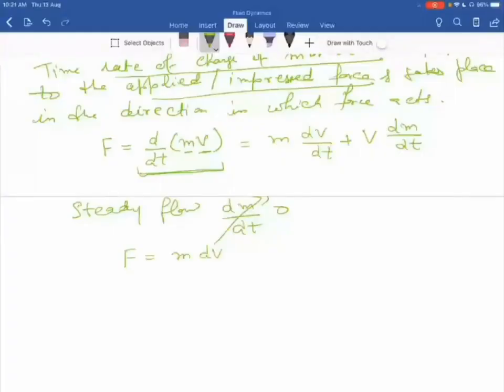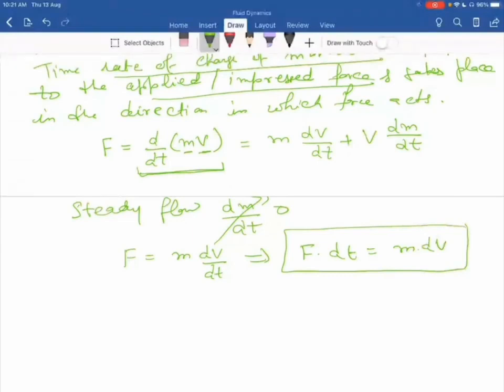So for steady flow, the momentum principle becomes F equal to m dv by dt, or F dt is equal to m dv. This equation we call the impulse momentum relation, because F dt is the impulse and m dv is the change in momentum.